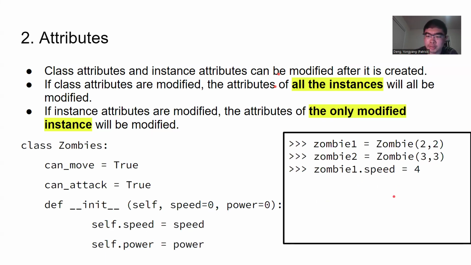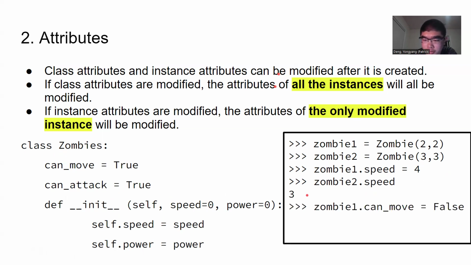So I just reassign the speed of zombie one. Because speed here is an instance attribute, since it's under the initial function and not outside of it, when you modify the speed of zombie one, the speed of zombie two is not affected. So it can still be free.